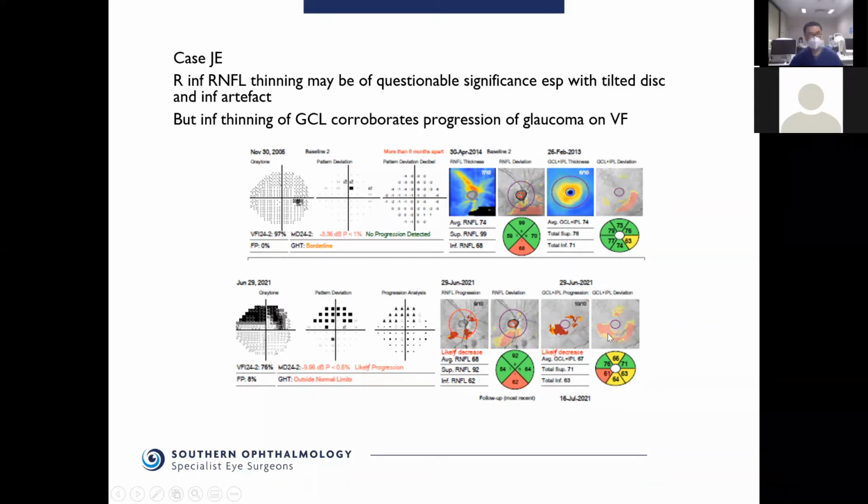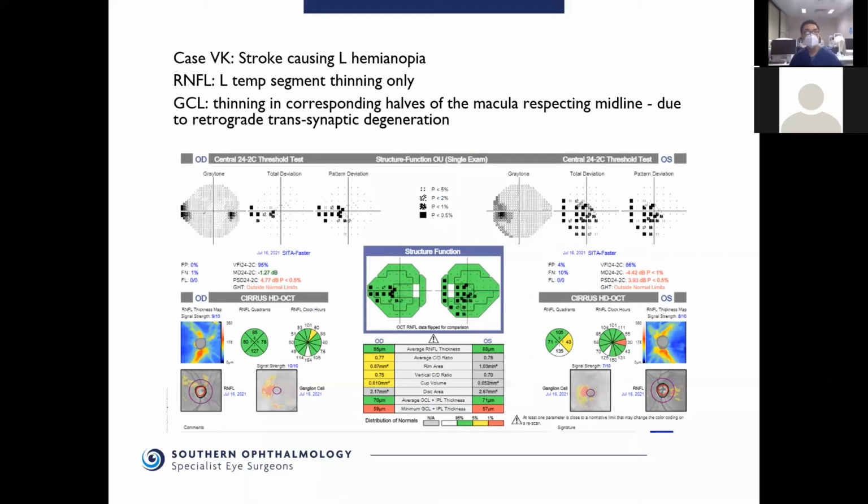Next patient had a stroke and has a left homonymous hemianopia, which you can see over here. Now, if you did an OCT of the disc, all you see is maybe a little bit of thinning in one segment on the left side. Nothing terribly exciting.